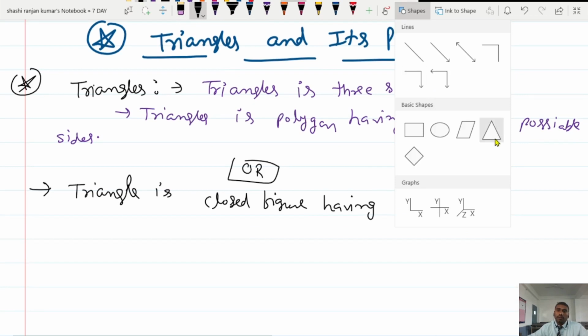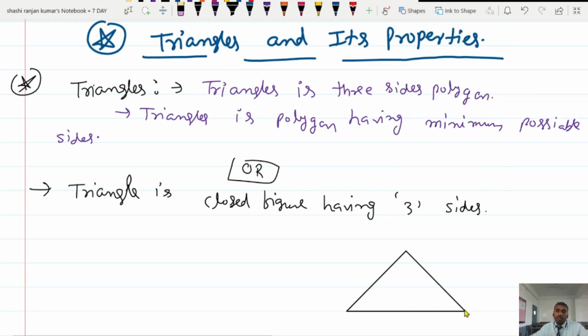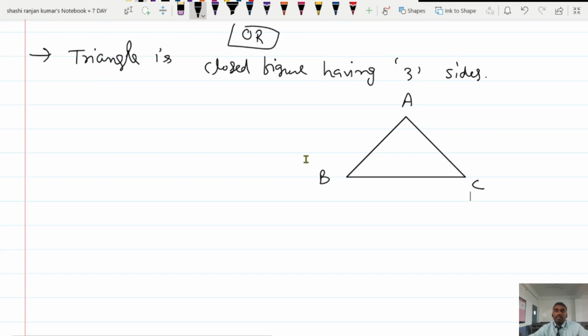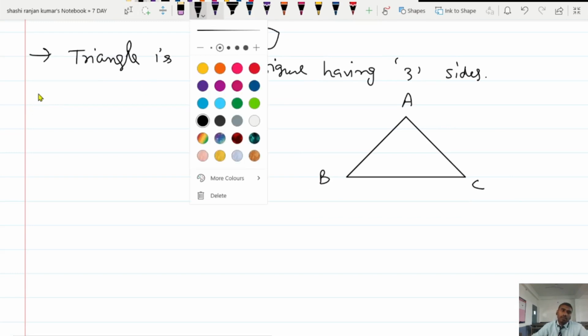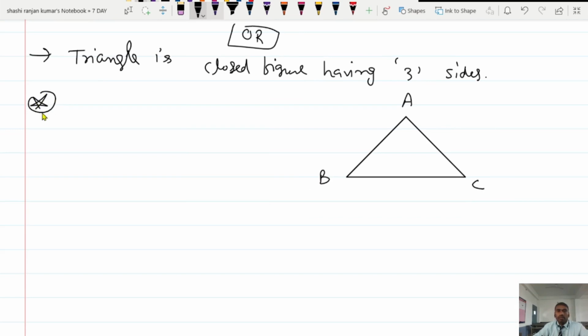So if we plot a figure here, see, this is the triangle we are taking. This is A, this is B, and this is C. ABC is the triangle. In a triangle, we have a total of three sides and three vertices.